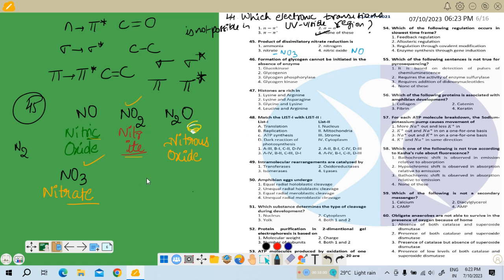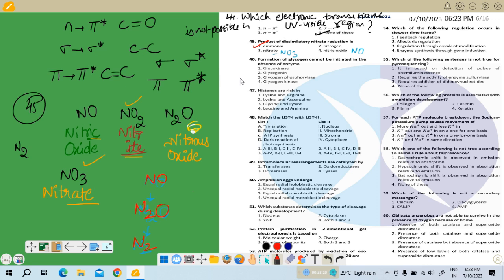NO gets converted to N2O, and then further to N2. So this is a process, and at the end ammonia is formed.